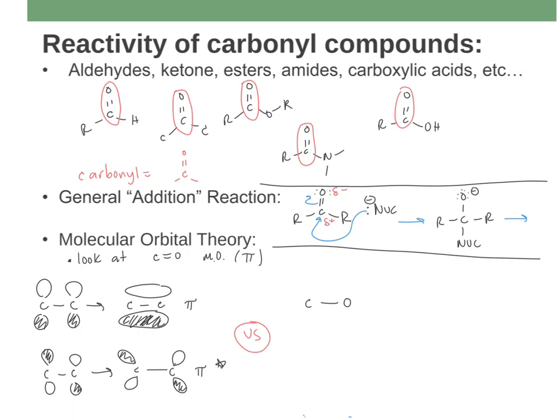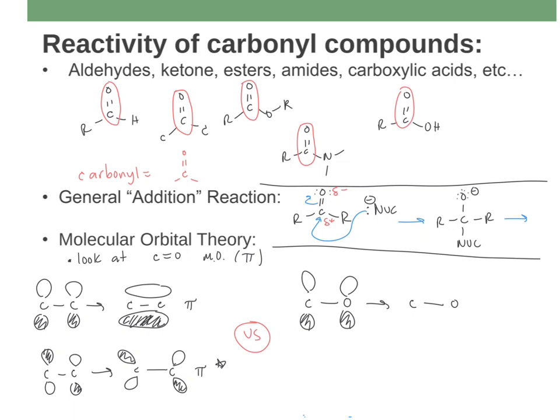So what does that mean for us? When I go to combine the p orbital of the carbon and the p orbital of the oxygen, it ends up being lopsided on the oxygen's side.